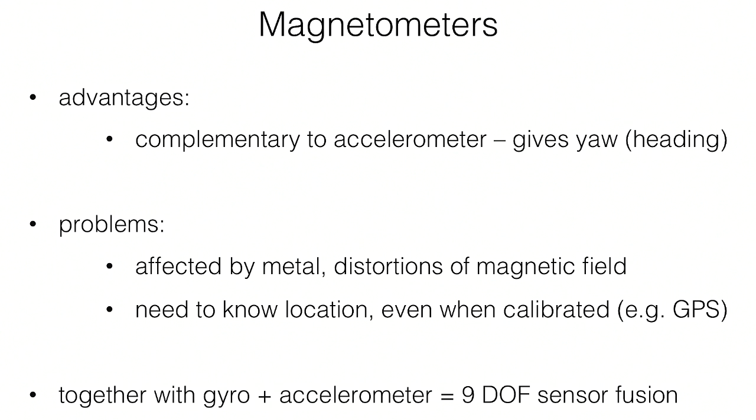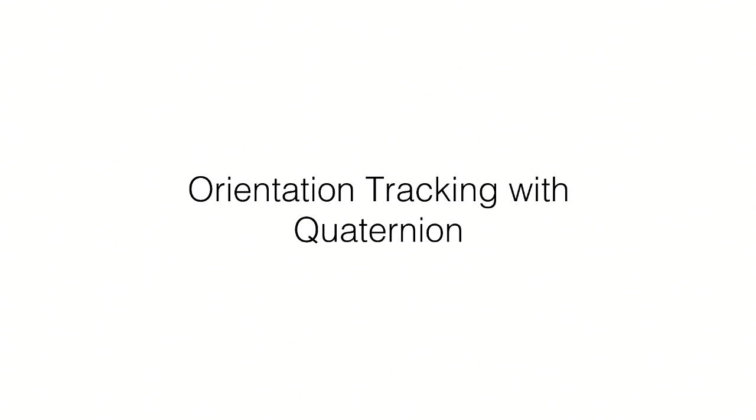So even if you take it into a different room, there's a bunch of computers creating a magnetic field, your measurements may be unreliable. So you can do all of this, and students do that in the course project, but we don't really do it as a homework because it's a little bit too complicated. So we mostly implement the 6DOF tracking with the accelerometer and the gyro, but you can find more information online.